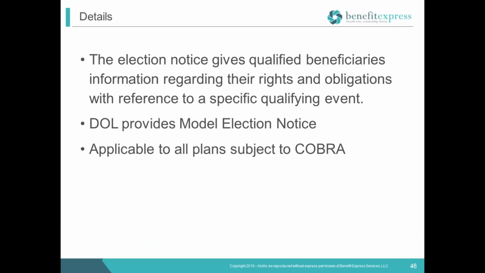So the election notice gives qualified beneficiaries information regarding their rights and obligations with reference to a specified qualifying event. And again, the DOL does provide a model election notice, but again, look at that very carefully because it's hard to understand, and it's applicable to all plans that are subject to COBRA.